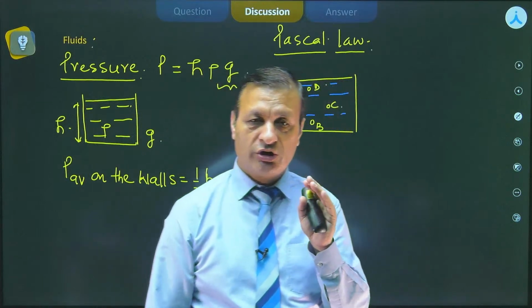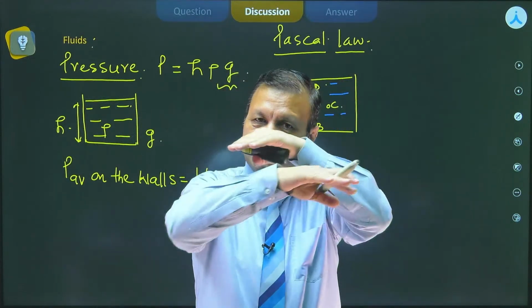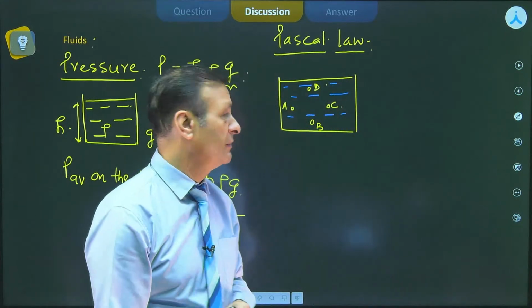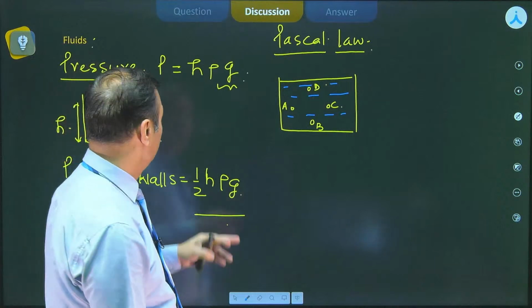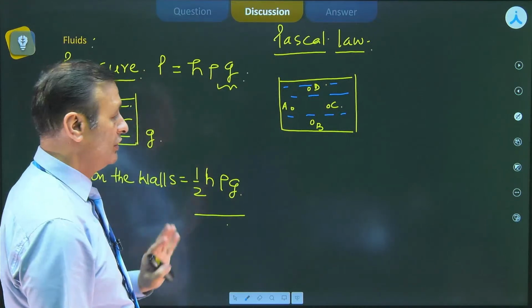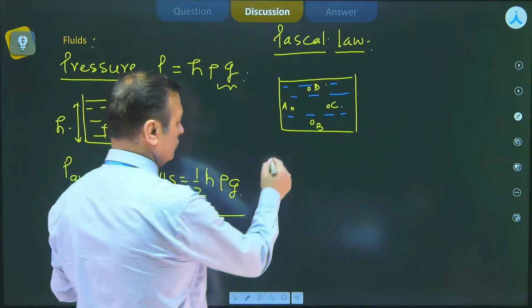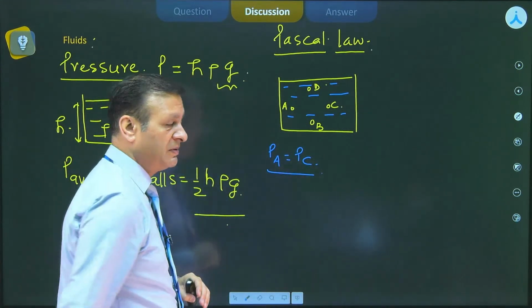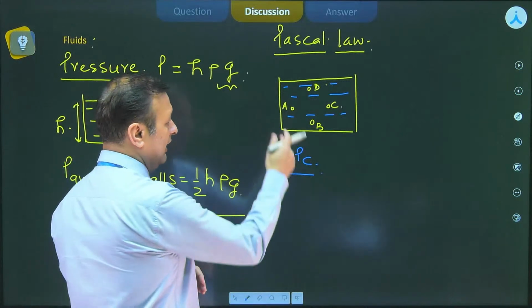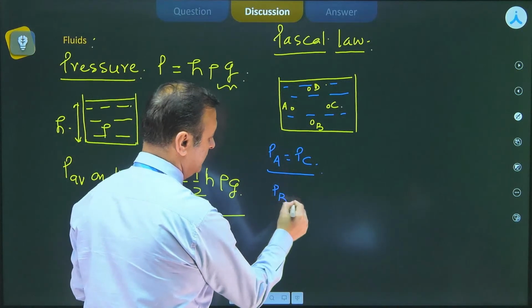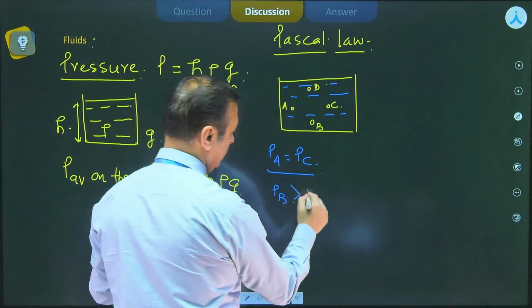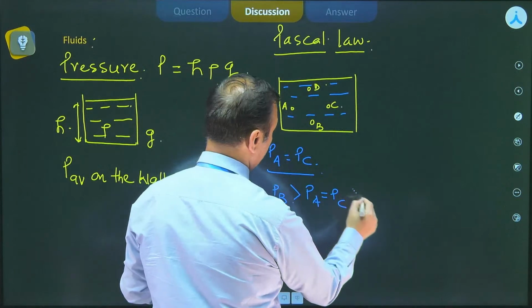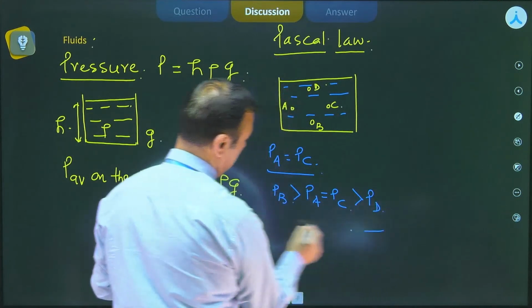The positions which are at the same horizontal level in a given fluid will all have the same pressure, and pressure is h rho g. So based on this, pressure at A is equal to pressure at C. This is Pascal law. And pressure at B is definitely more than pressure at A, which is equal to pressure at C, which is more than pressure at D.